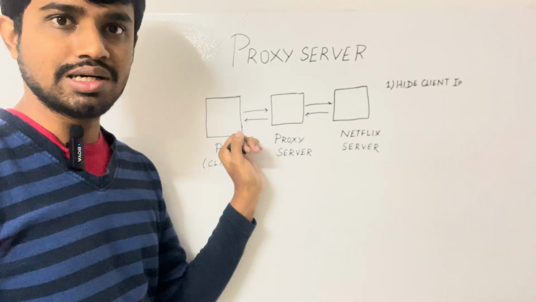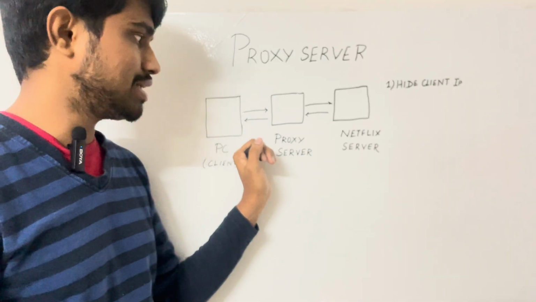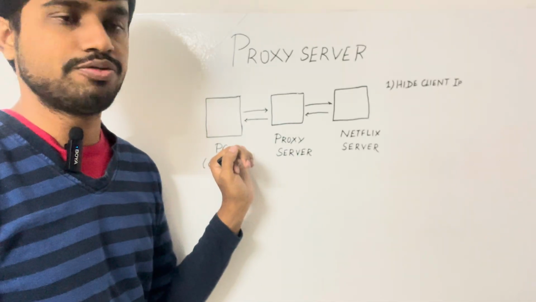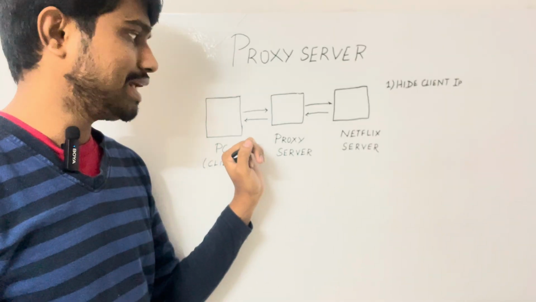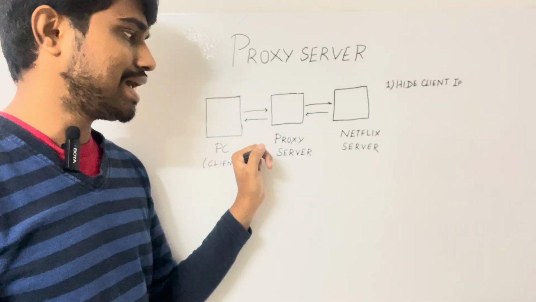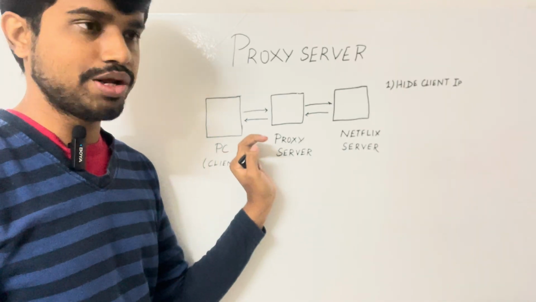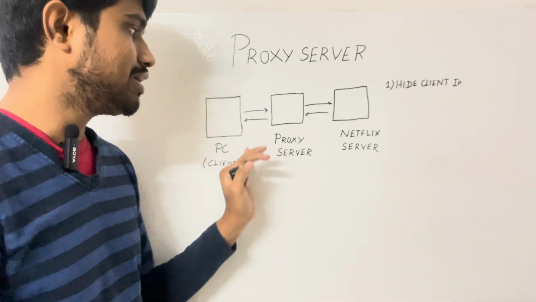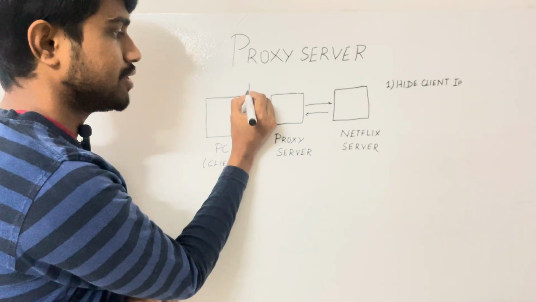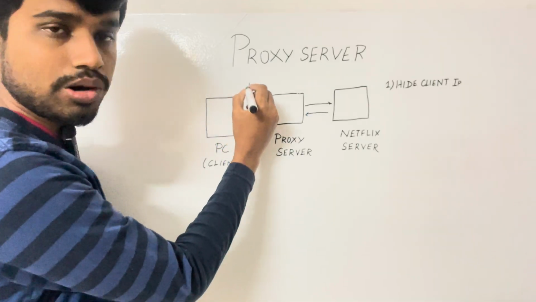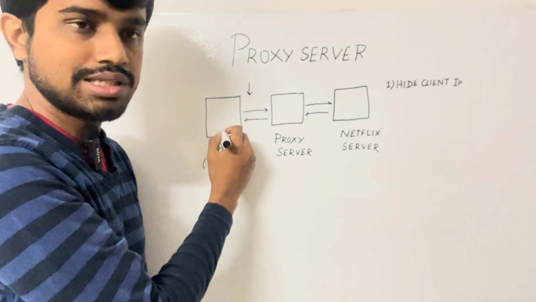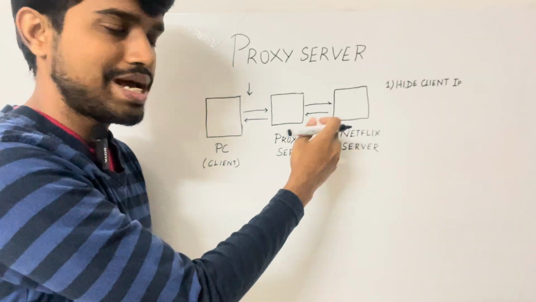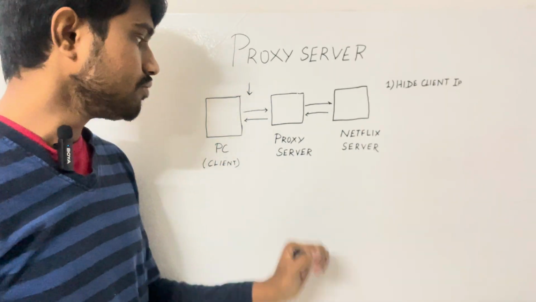We saw in the public IP private IP video as well, where all your private devices like your PC or phone have private IP addresses, and you all connect to a Wi-Fi router, and the Wi-Fi router only will send the data to the internet. The Wi-Fi router will get all the data from your home devices, and it will hit the proxy server, and it will go to the Netflix server, and it will come back as well.